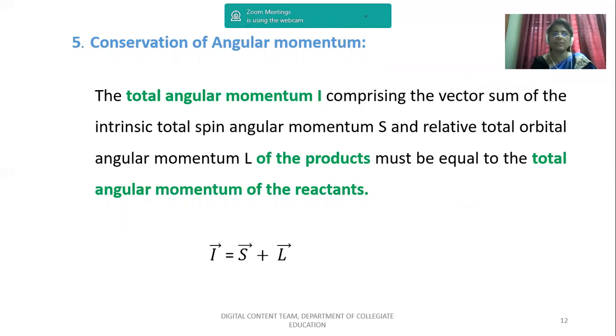Try to understand that whenever we consider total angular momentum, it is the sum of total spin angular momentum and total orbital angular momentum, and whatever you get as total angular momentum on the reactant side, even on the product side after the reaction, it should be the same. That means the total angular momentum on the product side should be equal to the total angular momentum of the reactants.